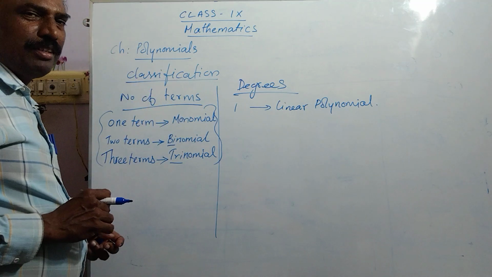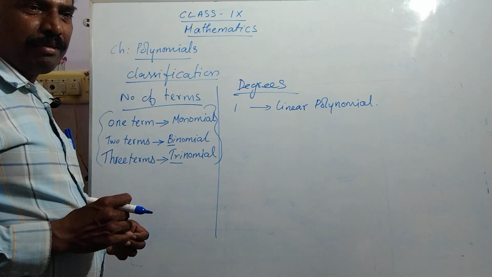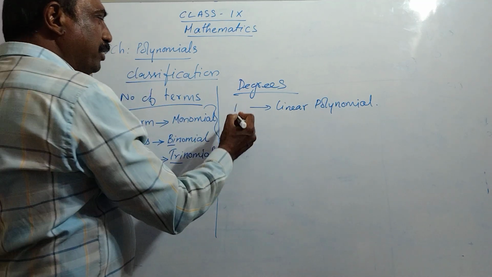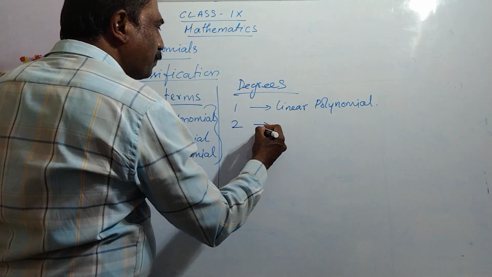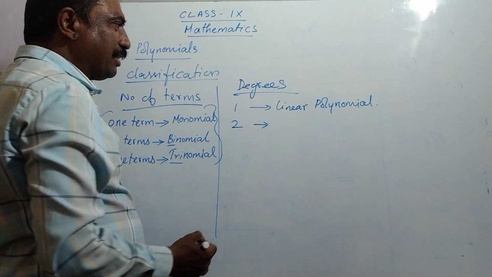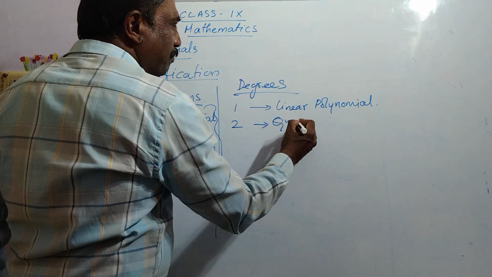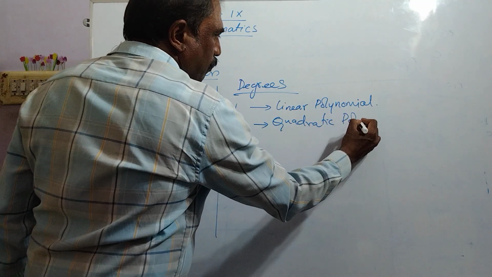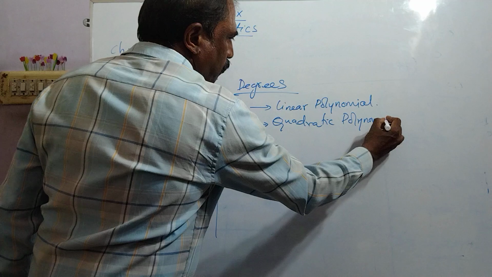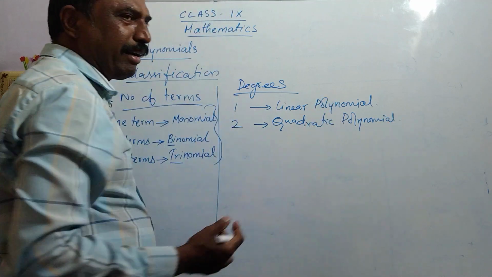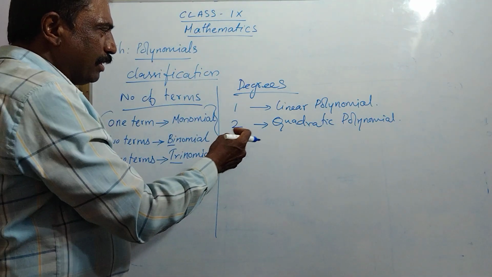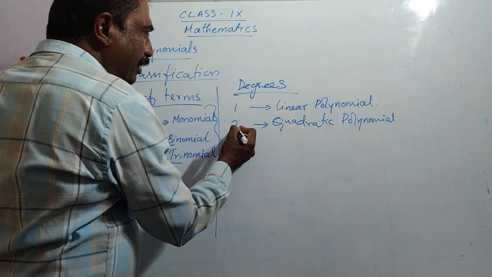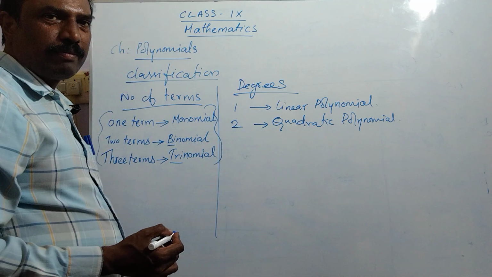So linear means straight always, like a linear graph. Suppose the degree is 2, it's a quadratic polynomial, like the quadratic equation. So a quadratic polynomial has degree 2.